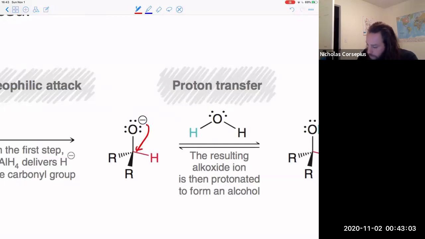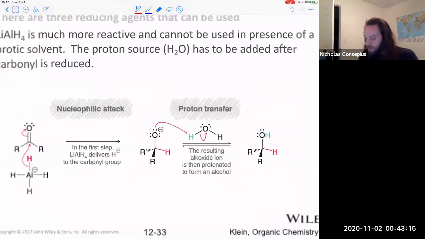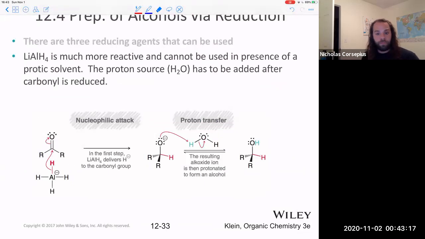This pair of electrons would love to come back down, but there's no good leaving group to do it. So instead, it's just going to sit there until you treat it with your protic solvent, in which case it will reach over and grab a proton from that protic solvent, thus becoming the alcohol group. Notice that we have, again, nucleophilic attack, but our nucleophile is that hydrogen.